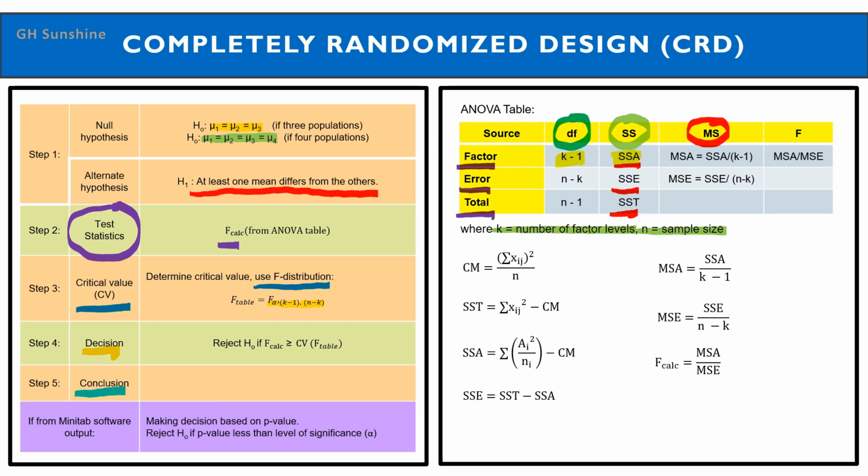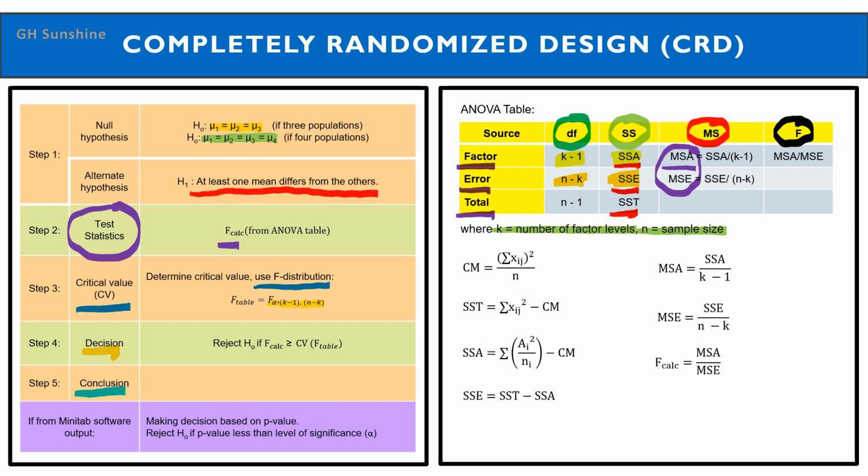Meanwhile, MSE is calculated from the SSE value divided by n minus k. And last one here is to calculate the F statistic. The F calculation is MSA divided by MSE.